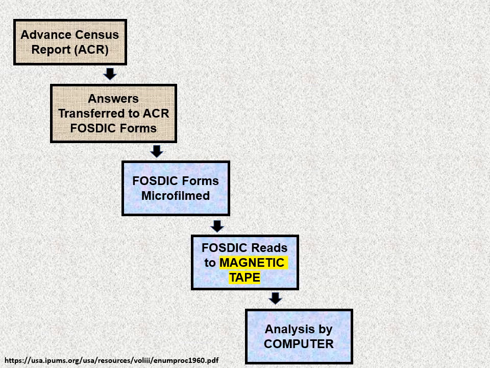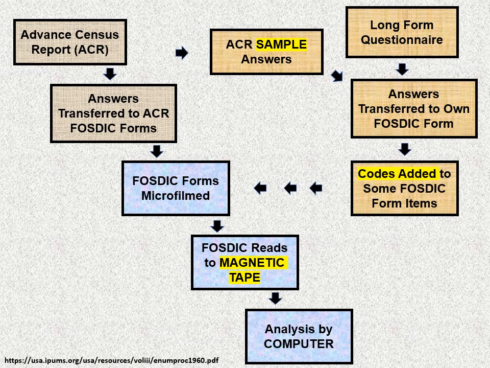What about the long form? The long form answers are put on their own FOSDIC form, but before that happened, the answers on the ACR from those households that were being sampled were also transferred to that FOSDIC form. So the long form FOSDIC form should contain the ACR answers and the long form answers as well.